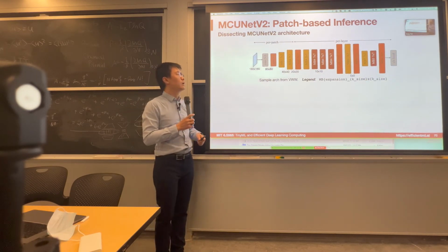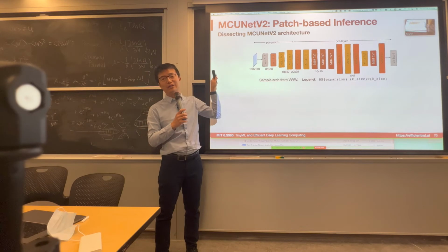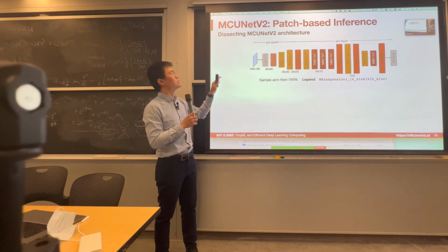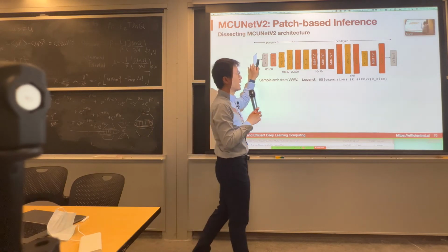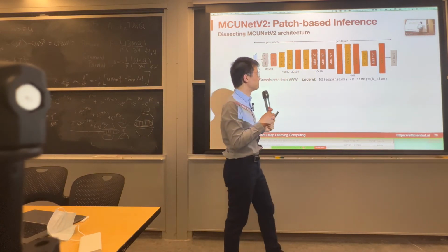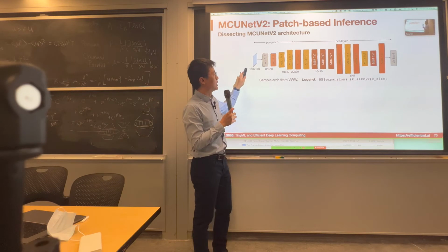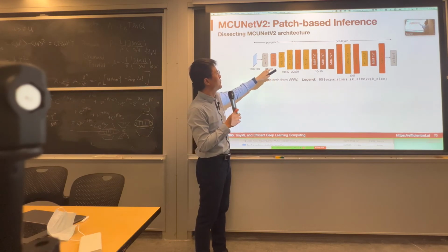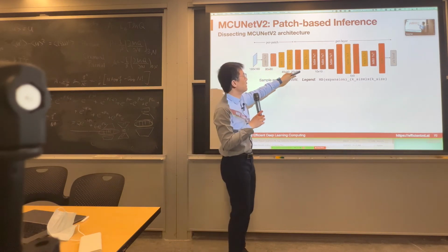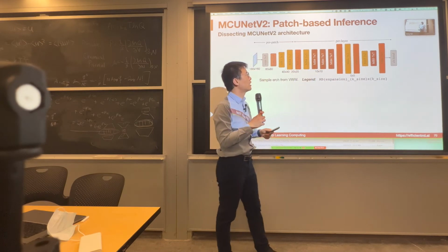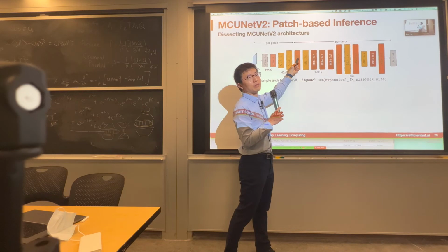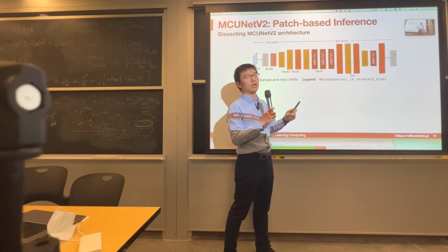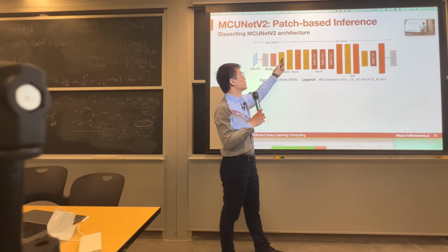Okay, so here we want to do a deep dissection to understand why this MCUNetV2 architecture works quite well. So here is the architecture for MCUNetV2. It has different colors. For example, this dark red color indicates the kernel size is 7 by 7, versus this one is 5 by 5, orange, versus the yellow one is a smaller kernel, 3 by 3.